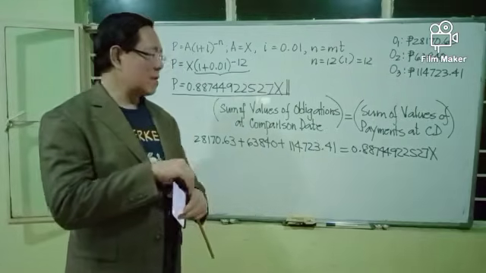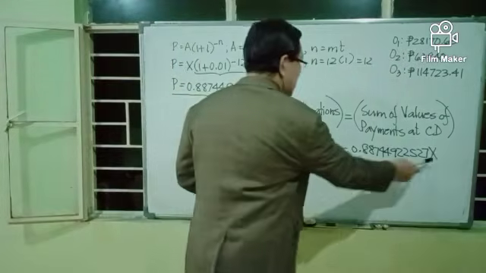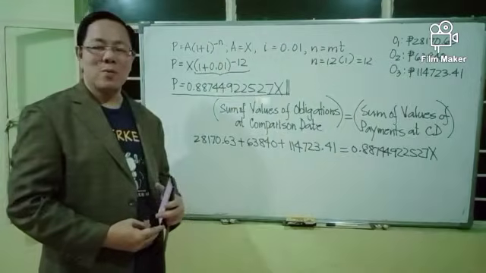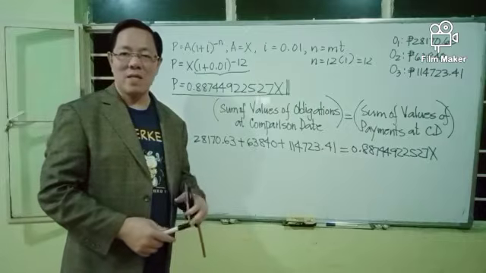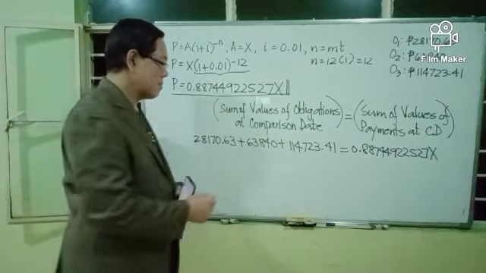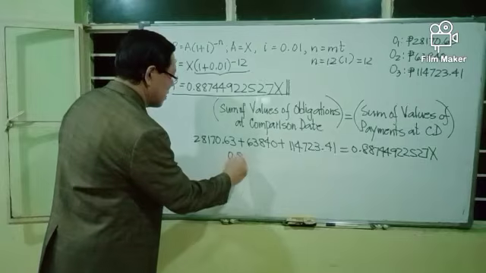I will write first the right-hand side of the equation because it is customary that we have the variable at the left-hand side of the equation. We have 0.88744922527 X equals 206,734.04.